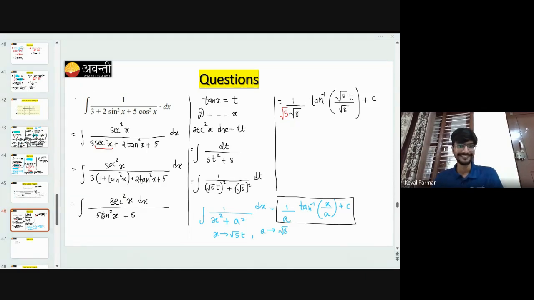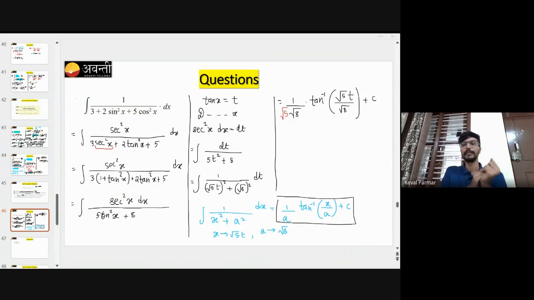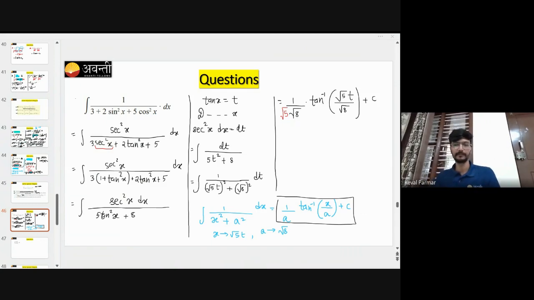Come on. Why did I write root 5? Anyone? It is very simple. It is basic integration. Like in the first lecture, you must have studied this. I hope you understood the question, right? So if you understood the question, you can say why I wrote root 5.